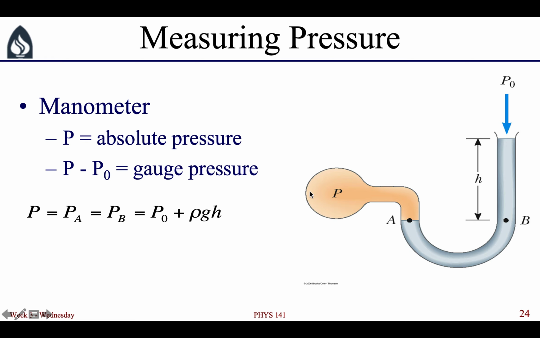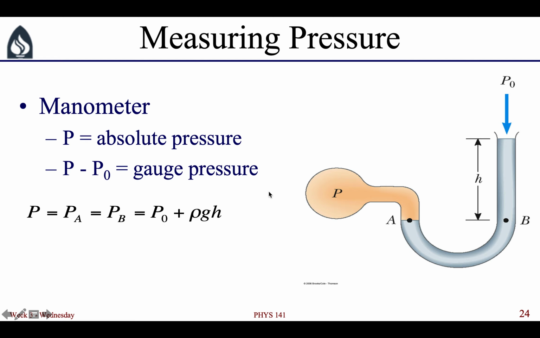So then, if you want to measure the pressure of the gas, all you need to do is see how high this column of fluid is. Once you know how high the column of fluid is and you know the density of the fluid, you can add that to the atmospheric pressure and find the pressure of the gas.